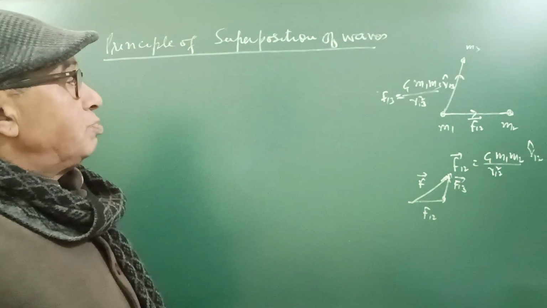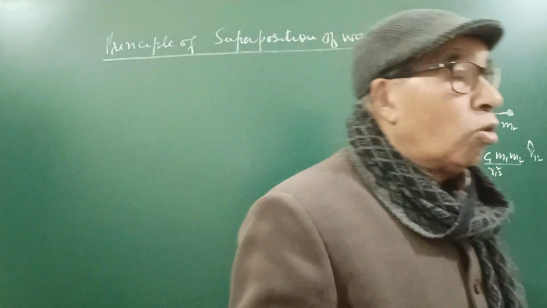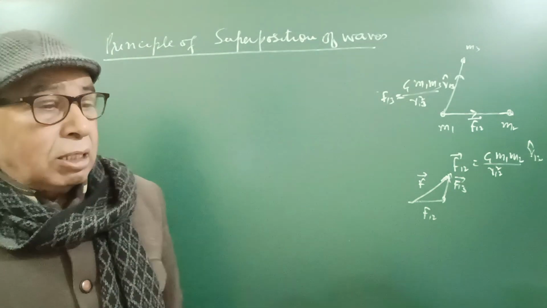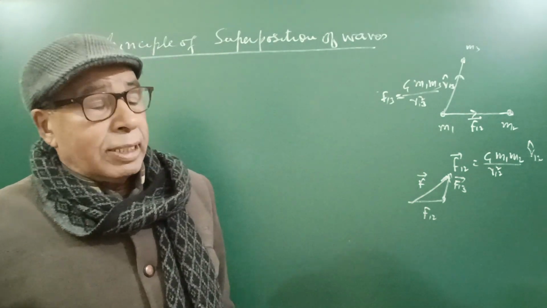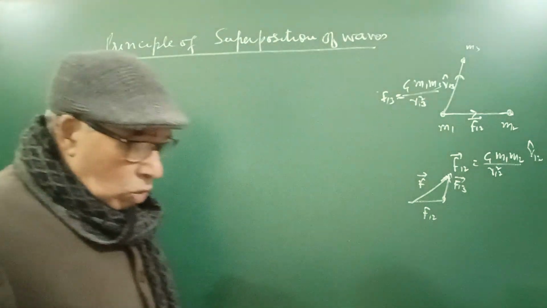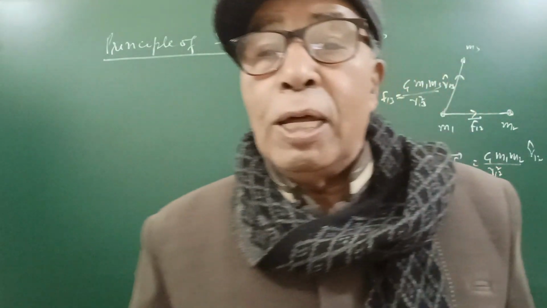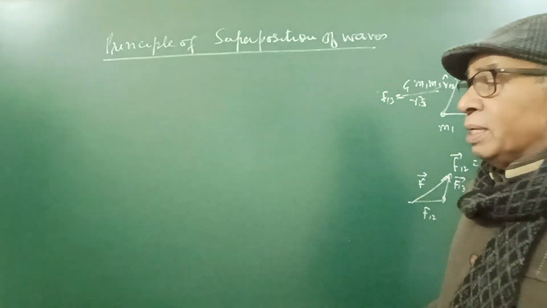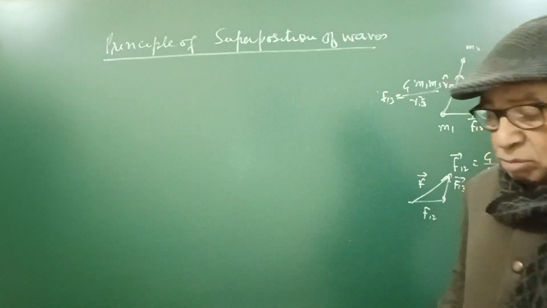So if more than one wave, 2 or 3 or 4 waves travel through medium, then the displacement at any point of at any place of the particle medium may be in different direction. So resultant of displacement will be sum of the displacement caused by each wave.